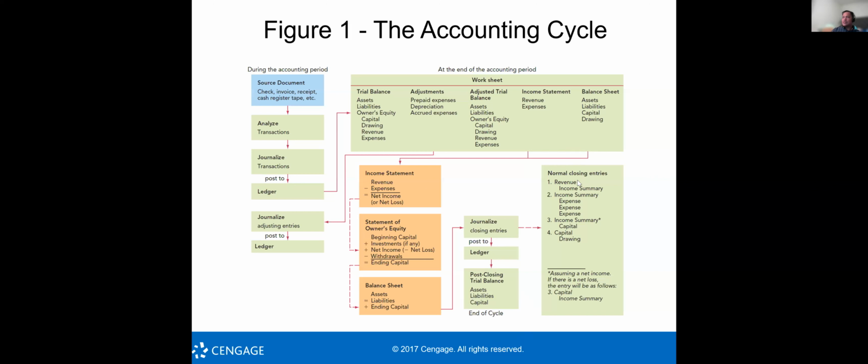Normal closing entries are given here, so we will talk more about this. There are also steps in closing entries. So this is the complete accounting cycle. This is during the accounting period, say January 1 to 31.